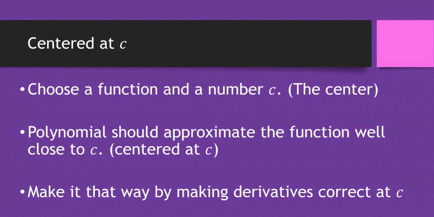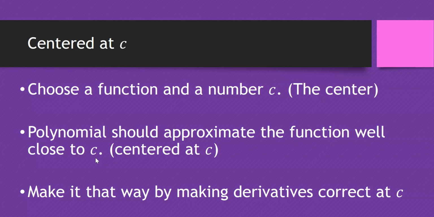And then the approximation polynomial will approximate that function really, really well close to C. So when it's centered at C, for things that are close to C, the polynomial and the function will be really, really close in terms of their output values.